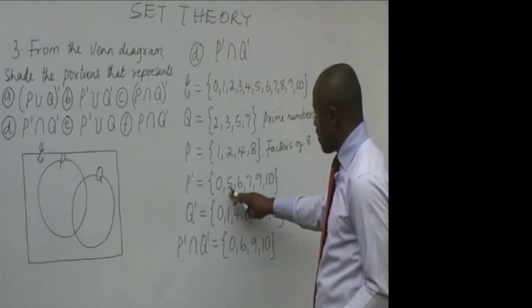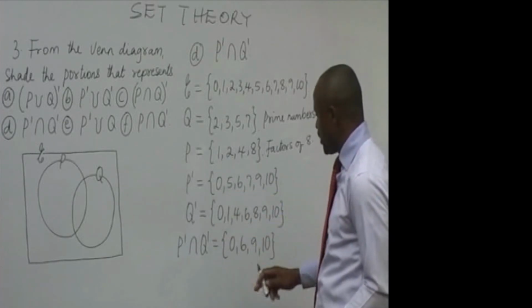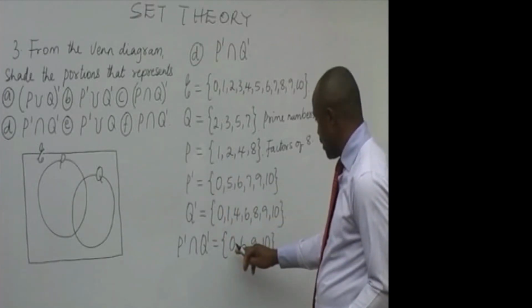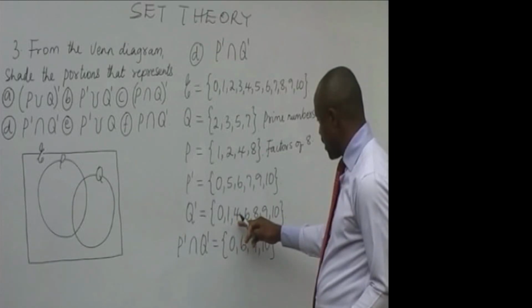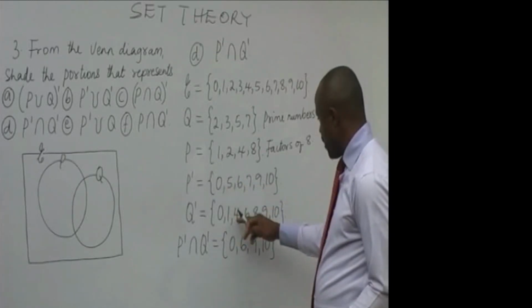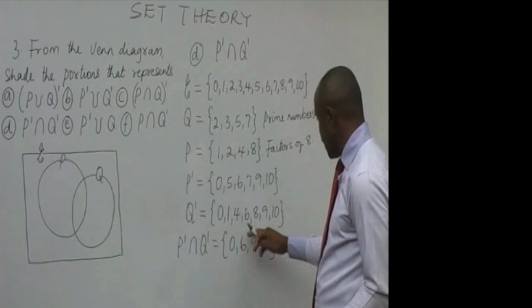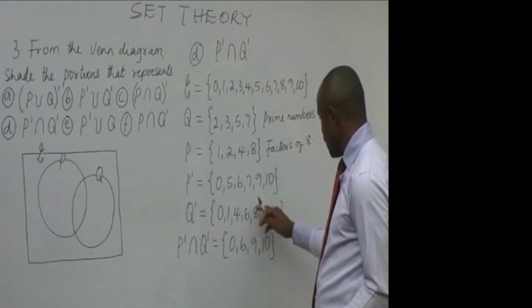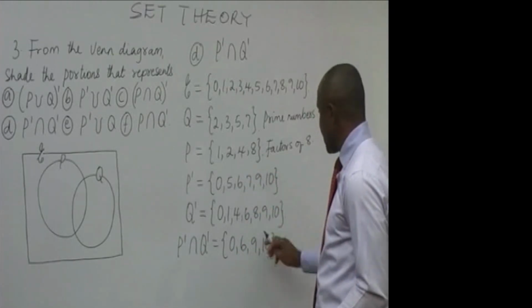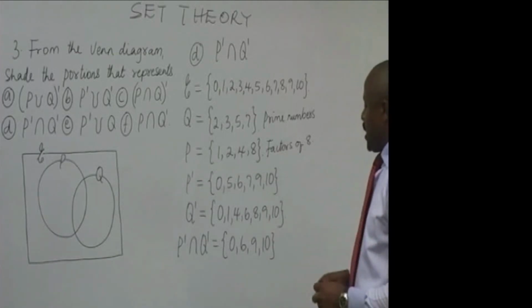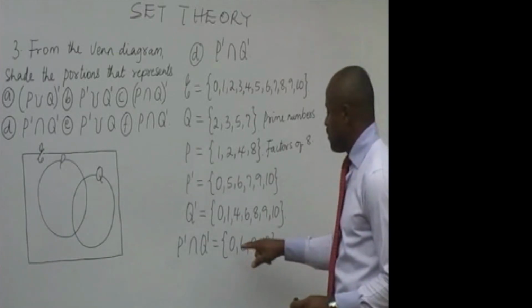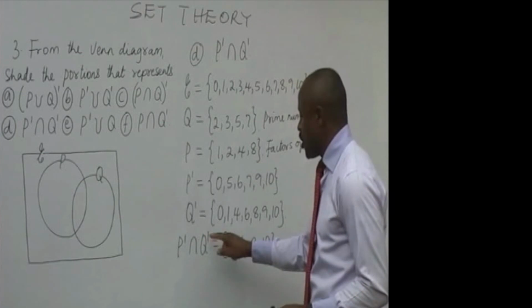Let's check again. 0, no 5 here, no 1, no 4, 6, no 7 here, no 8 here, 9 and 10. We are correct. Now, you have discovered P prime intersection Q prime.